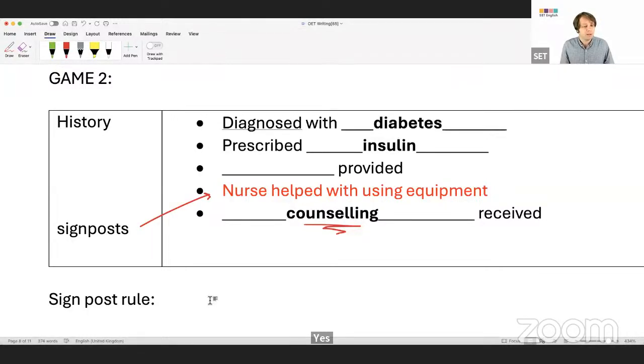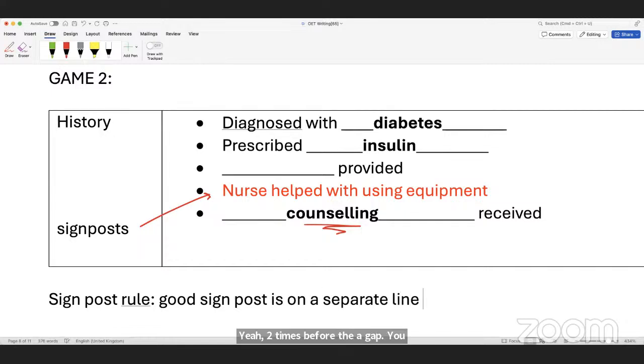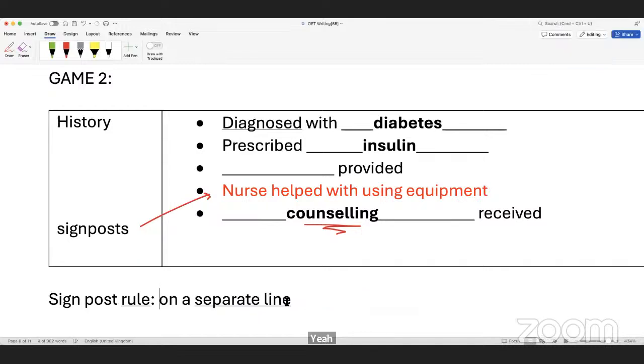There's a good signpost and bad signpost, I think. Yeah, so a good signpost comes before the gap. It comes before the sentence, on a separate line, okay? Yeah, separate line. Yes, definitely.